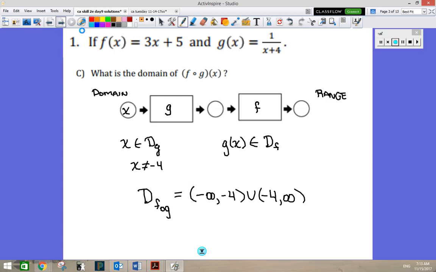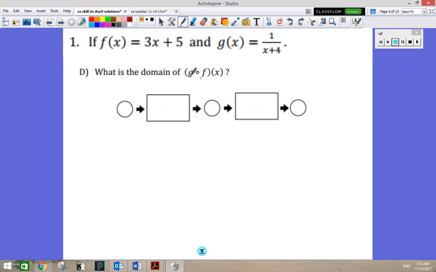In part D, they changed the order of the composition, so now elements from the domain are first going through the function f. So two things have to be true. X has to be in the domain of f. Every input has to be in the domain of the function.